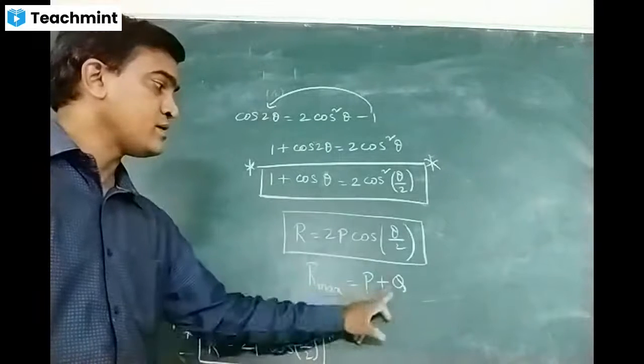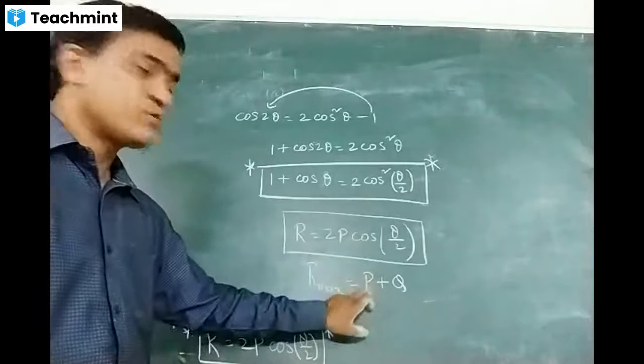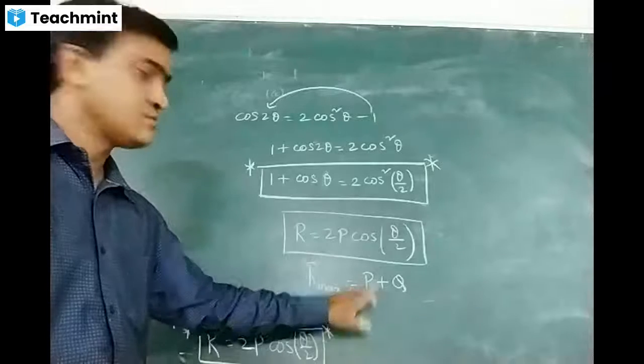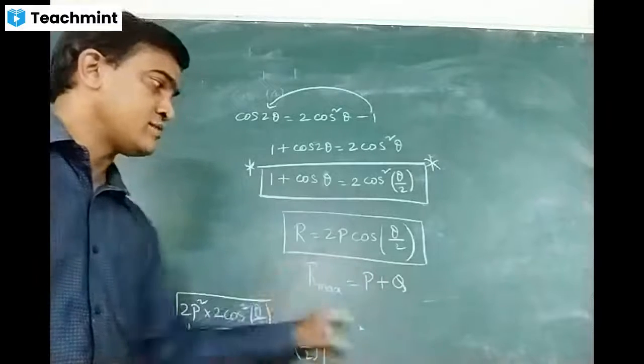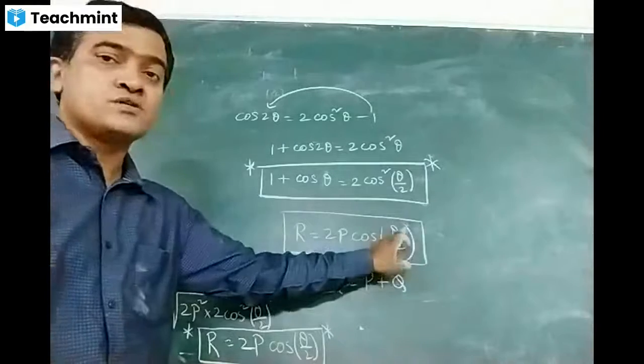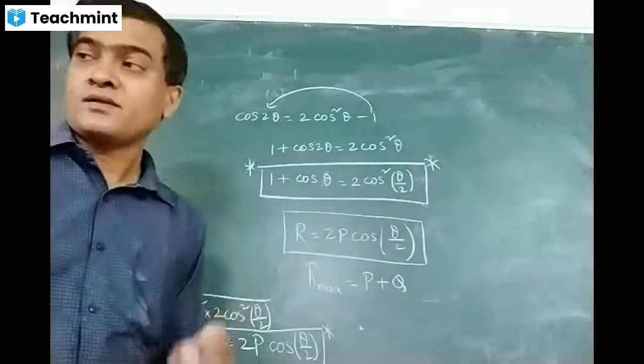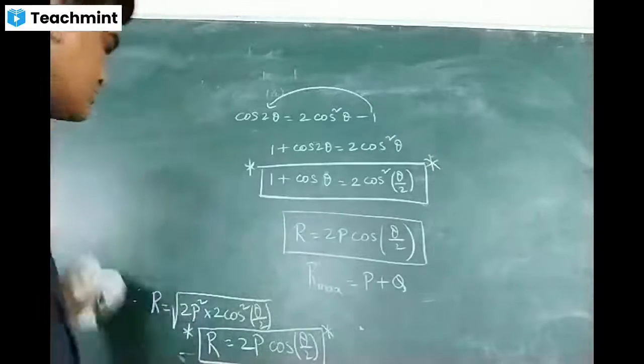Does it satisfy? When is this? Theta is 0 degrees in this case. If we take theta value 0, I get R is equal to 2P. Okay, right, fine.